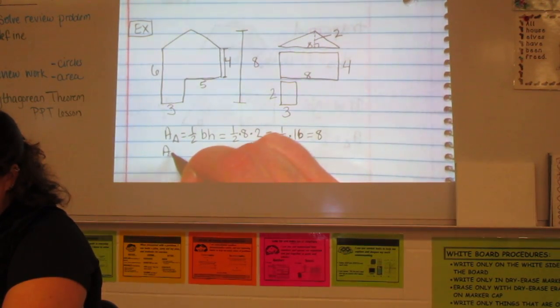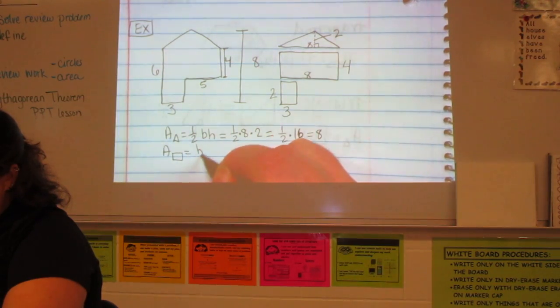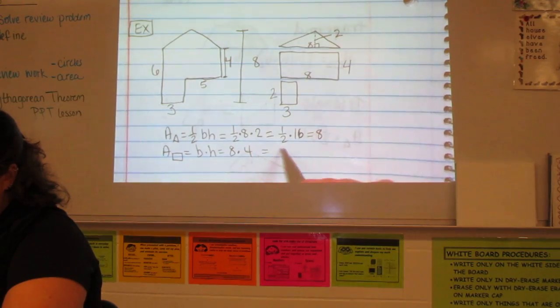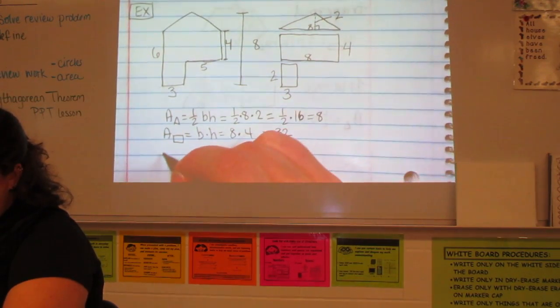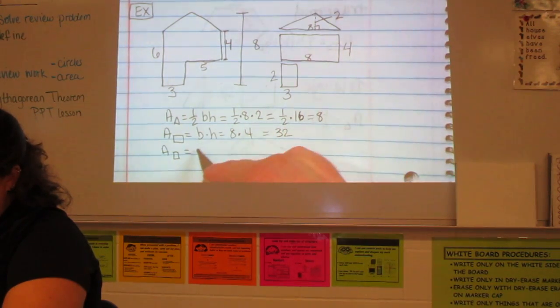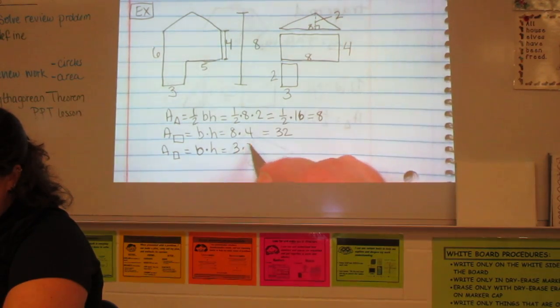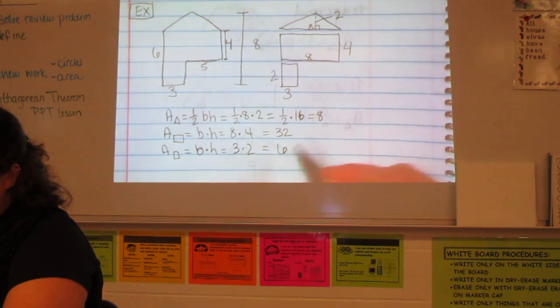The area of the rectangle is the base times the height, which here is 8 times 4. 8 times 4 is 32. And the area of my small rectangle is also base times height, but here it's 3 times 2. 3 times 2 is 6.